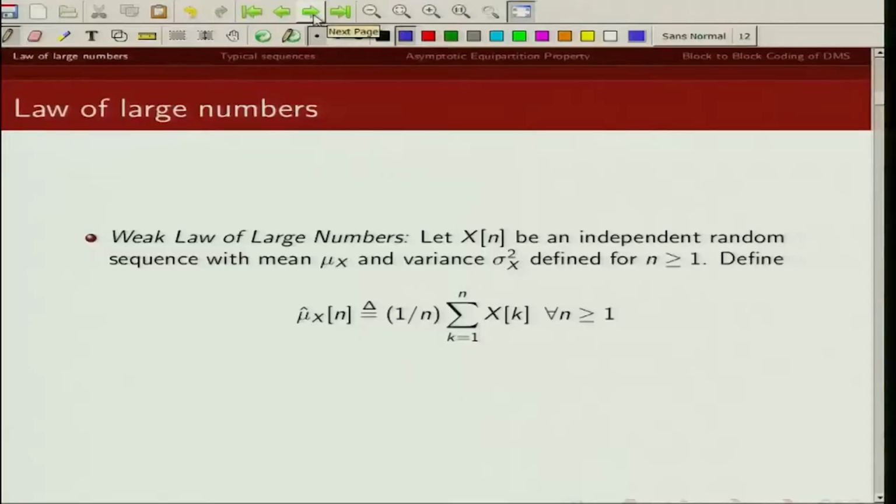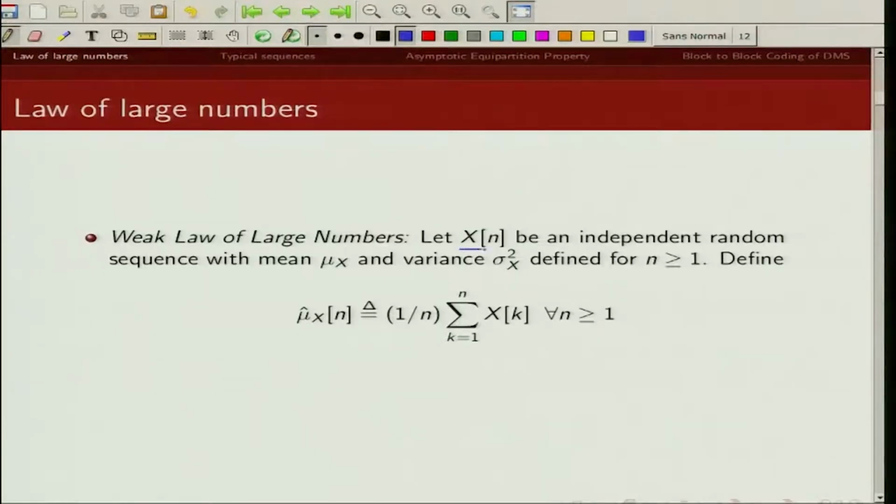These three properties of typical sequences are collectively known as asymptotic equipartition property, and then we will talk about the consequence of these properties for block to block length coding. So, we start with weak law of large numbers.